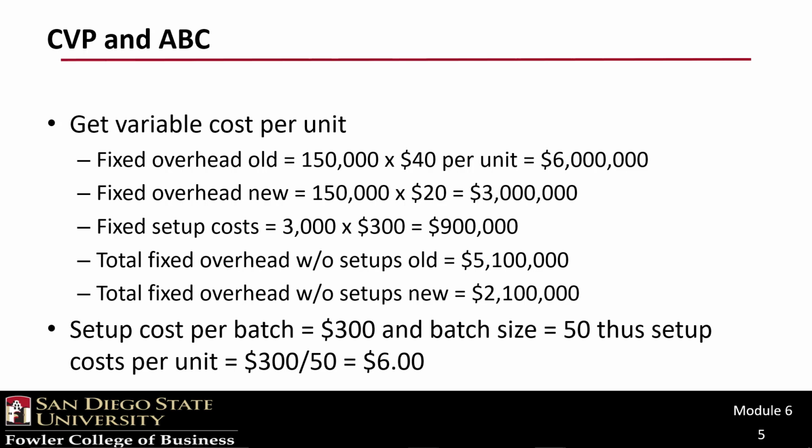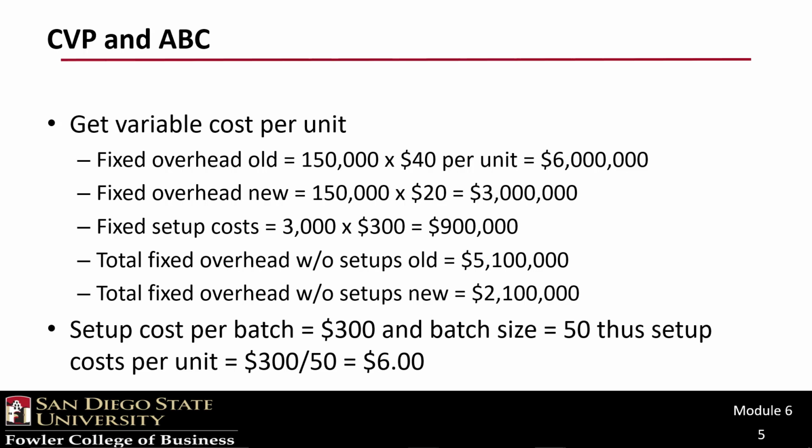So let's pull setup costs out first by calculating it. So we said there would be 3,000 setups in the old system times $300 per setup, or 900,000, which means that the total fixed overhead without setups under the old system is 5.1 million. The total fixed overhead without setups under the new system is 2.1 million. That's the 3 million minus the 900,000.